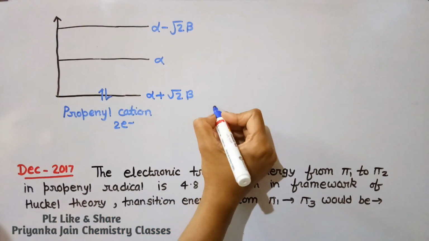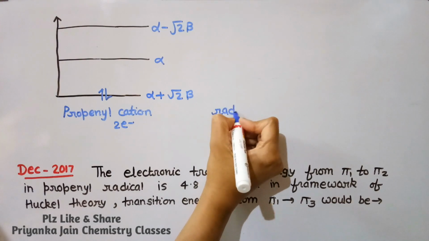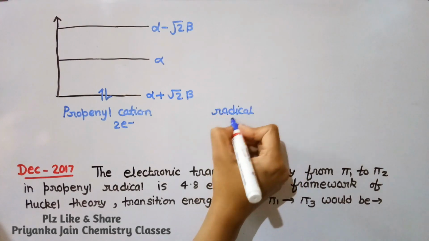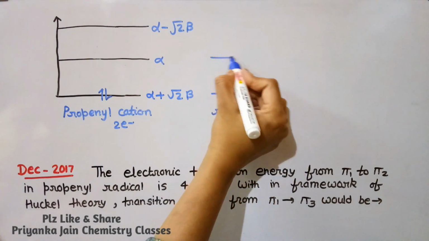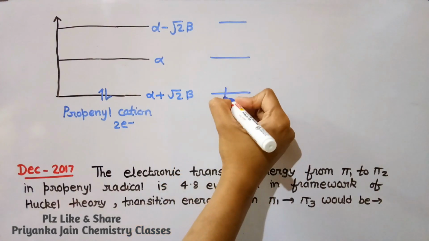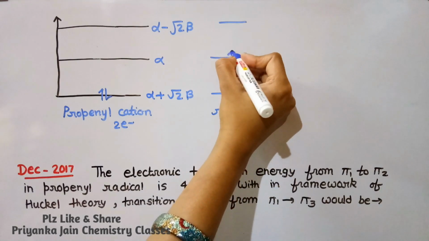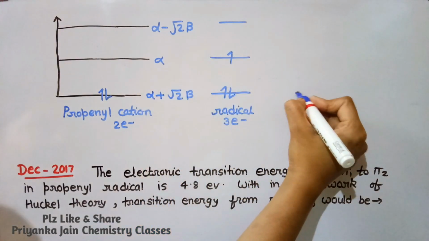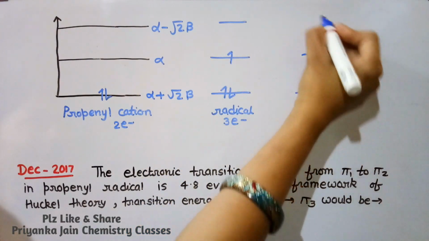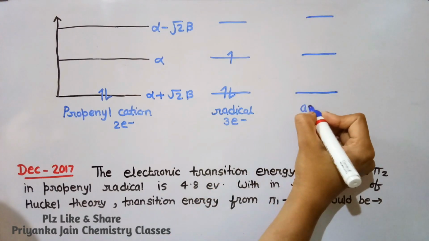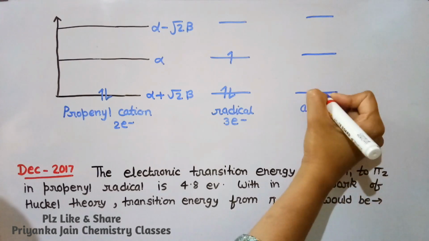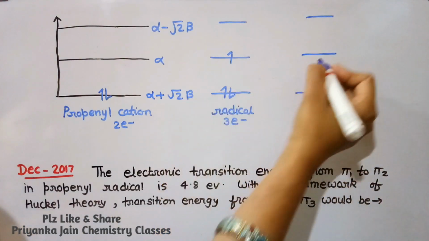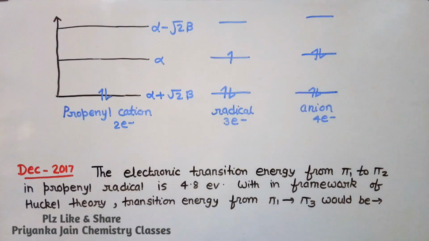When we are considering the radical, in the radical there will be 3 electrons, right? And these 3 electrons can be in this way, 2 electrons here and 1 electron in the alpha level. And when we are considering the anion, then there will be 4 electrons. So this will be in this manner, 2 electrons in this level and 2 electrons in this level, right?